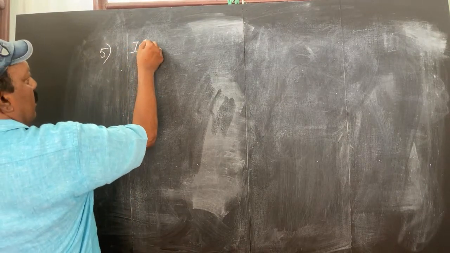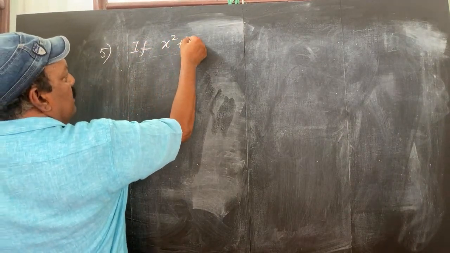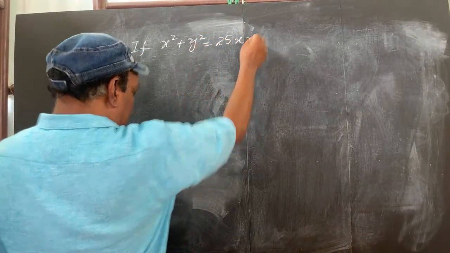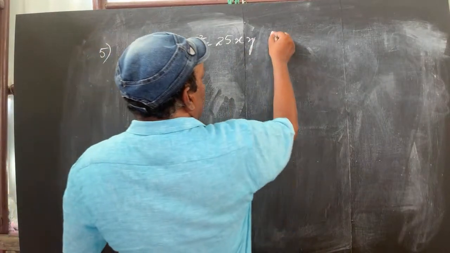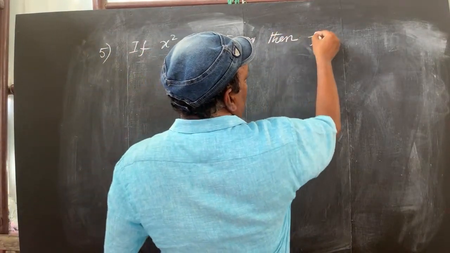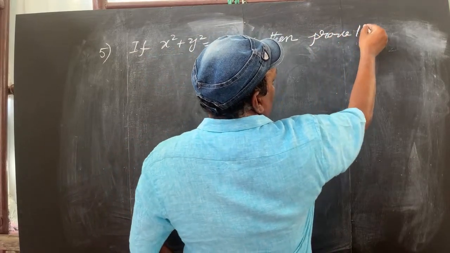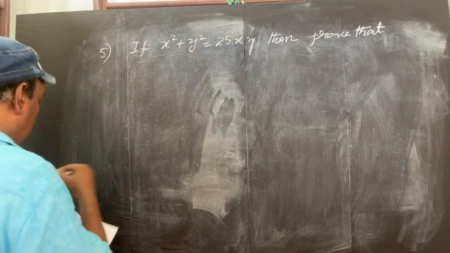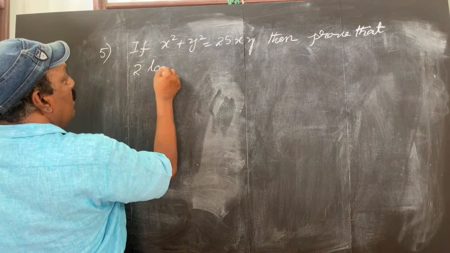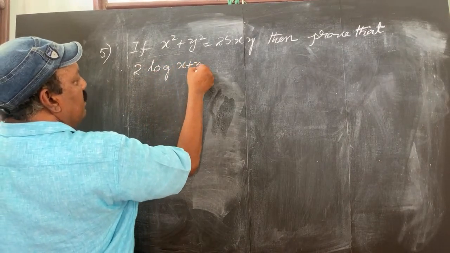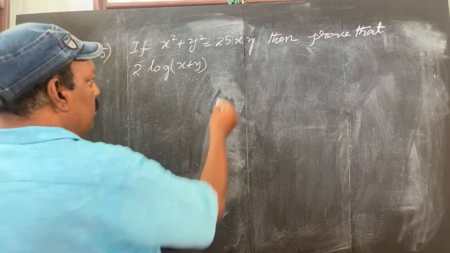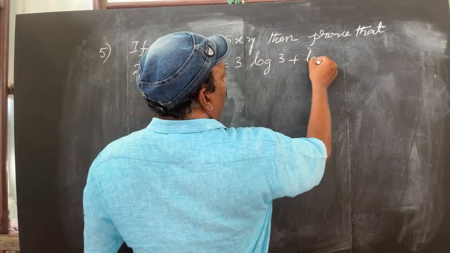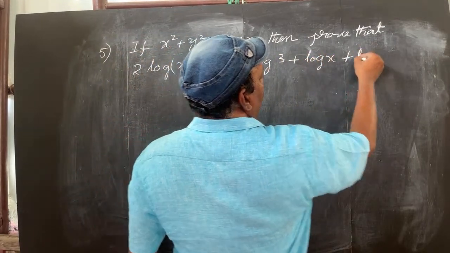If x square plus y square is equal to 25xy, then prove that 2 log (x plus y) is equal to 3 log 3 plus log x plus log y.